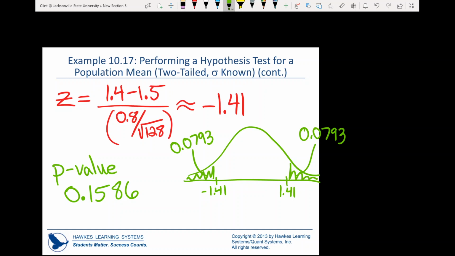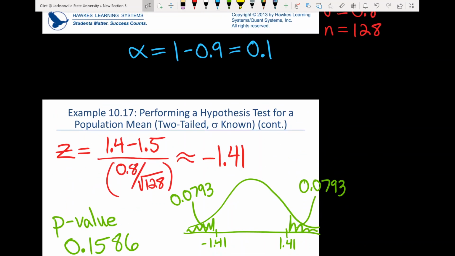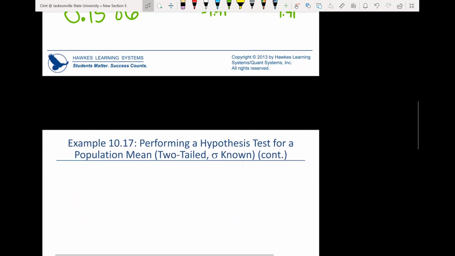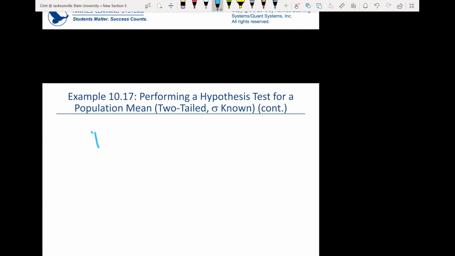Okay. Almost finished now. Now we are going to compare our alpha, 0.1, to our p-value, 0.1586. I like putting my p-value first. P-value is 0.1586. Alpha is 0.1.